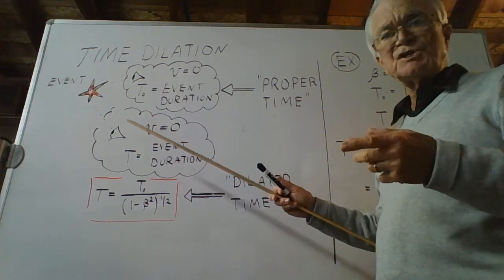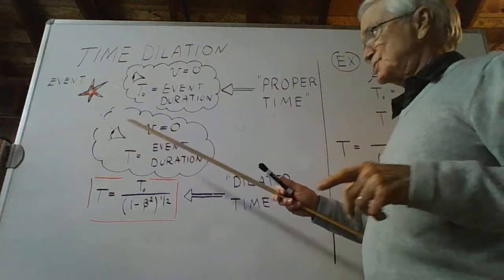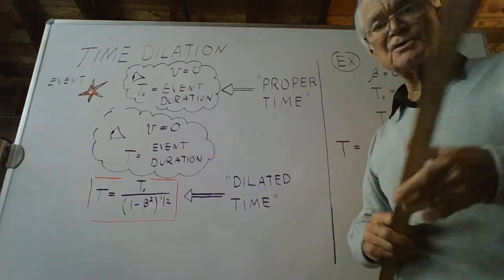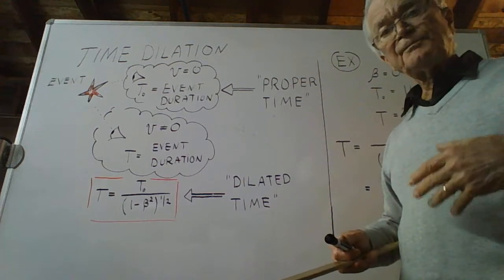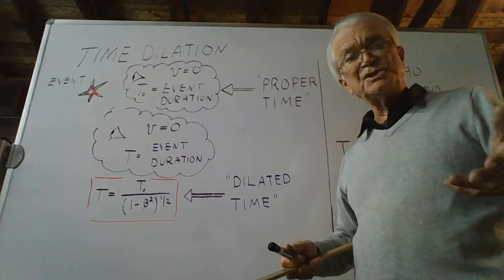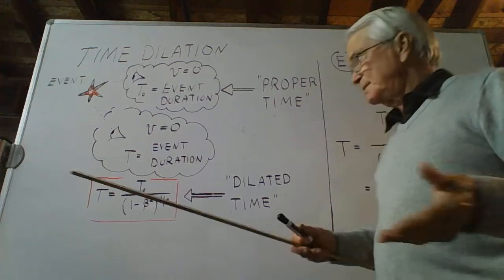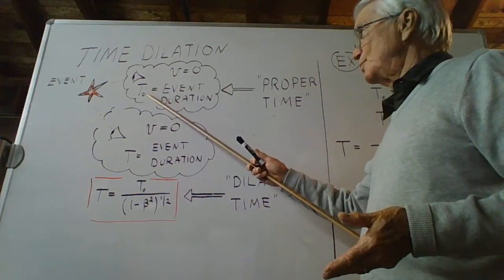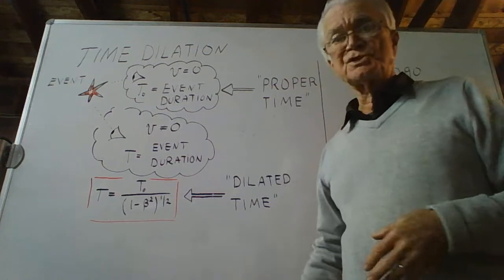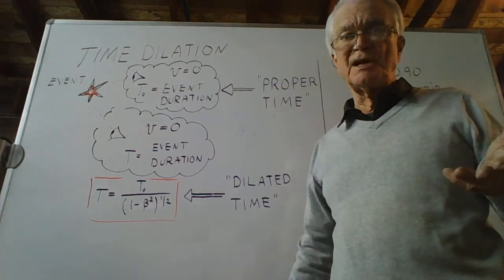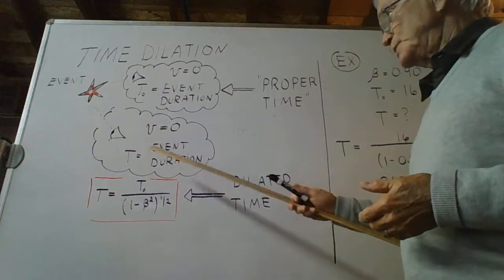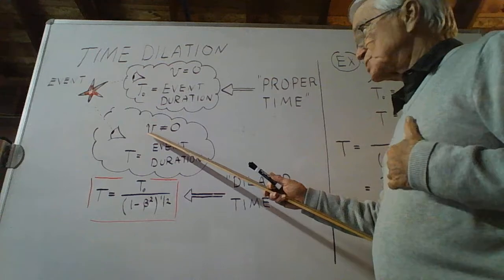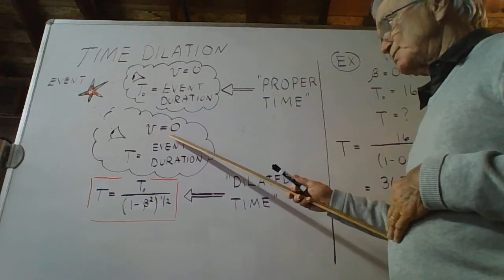Their relative speed is not 0. The amount of time those runners say the event took, the completion of the run, is a number different from what was observed before by the person who is stationary with respect to the event. We don't subscript that event duration. We note that the speed, relative speed, is not 0.